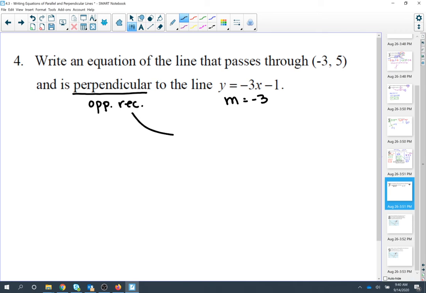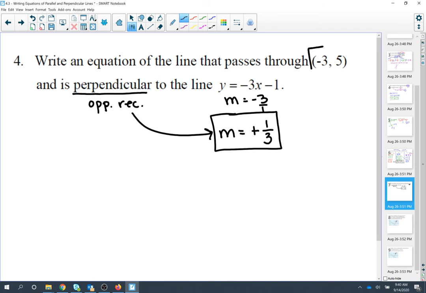But I want the opposite reciprocal, which means the slope of my new line has to first of all be opposite, so positive, and then reciprocal. So instead of 3, really this is like 3/1, I'm going to make it 1/3. So the slope we want to deal with, if I want it to be perpendicular, is 1/3.